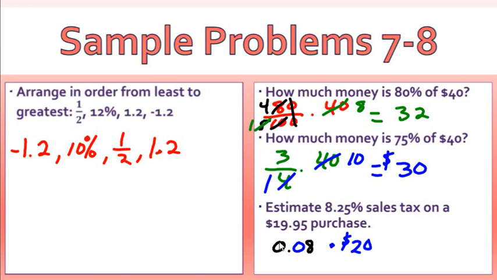And so then we can take 0.08 times 20. 0.08 times 20 would give you roughly $1.60. If you were to put this on your calculator, you would get 1.6. But remember, this is dealing with money, so there's two decimal places, so $1.60.